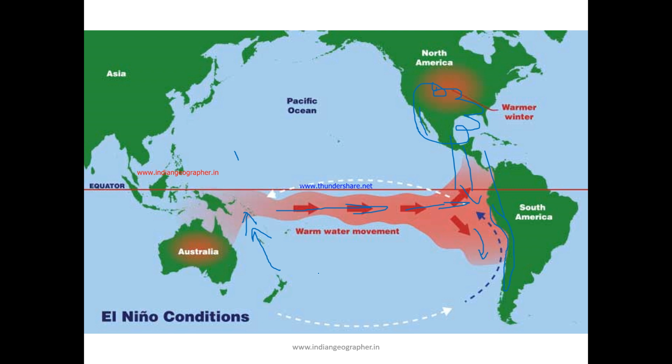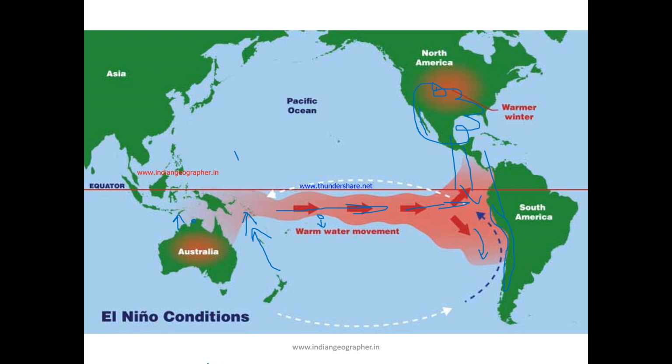So this is what the El Nino phenomenon is. And during an El Nino year, you will find the Southern Oscillation Index is negative, and the pressure at Darwin, Darwin is somewhere here, is higher than the pressure at Tahiti, right?